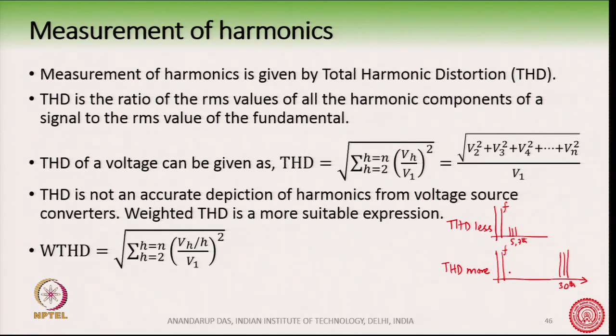In the second case, there is no harmonic which is close to the fundamental. Now, if you go by the definition of THD, of course, we want the THD to be as low as possible. If THD is less, the harmonic contribution is less, whereas if THD is more, the harmonic contribution is more. So, we will say okay, let us choose this one, but actually this is not good, because the lower harmonics, the 5th, 7th harmonics, are more detrimental.